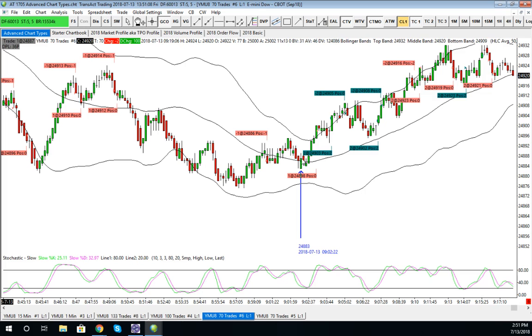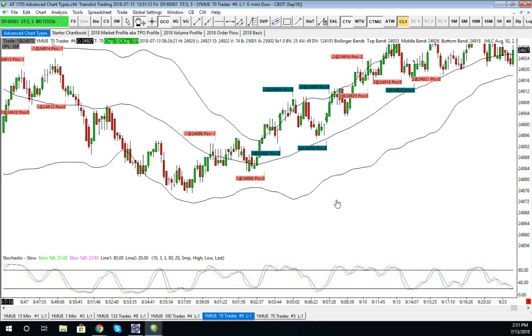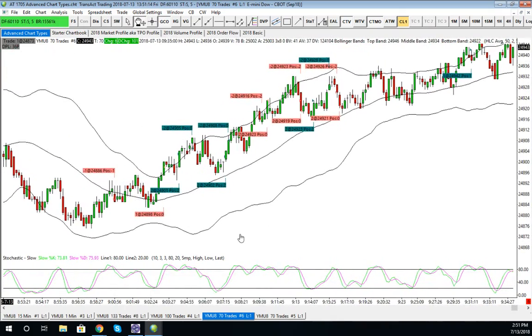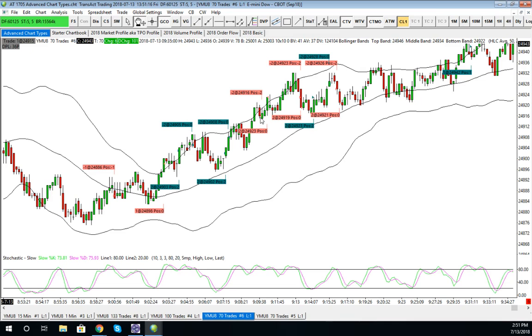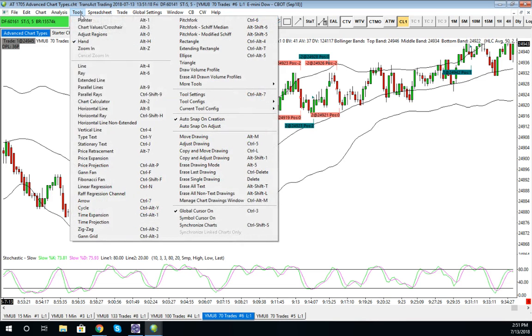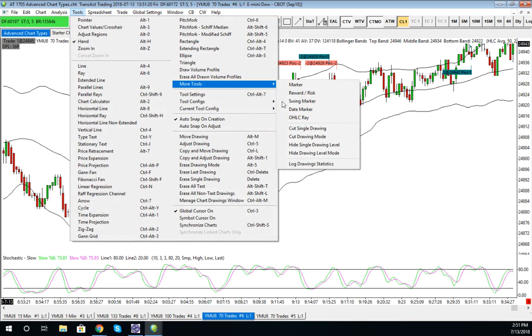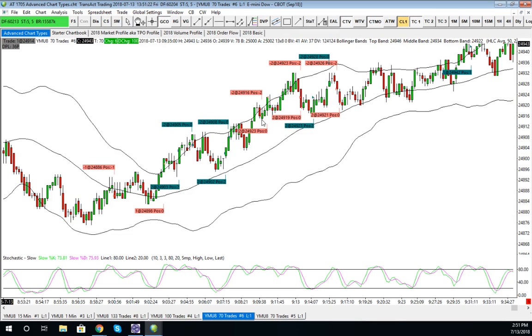The second, the other losing trade was taken here. Let's move to this trade. 16. So tools, swing marker. This trade was taken here. Now the price had been trending higher, but we had this pattern, sort of an evening star pattern.